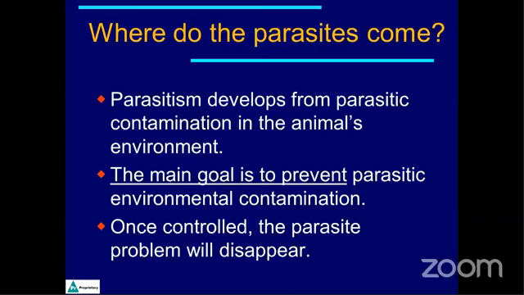As the summer goes on, the parasite buildup occurs, and that's when the problems start. So our main goal is to keep that parasite level low on the pasture, and once we control that, we can solve these problems and make them go away, and that's very possible in nearly all operations.